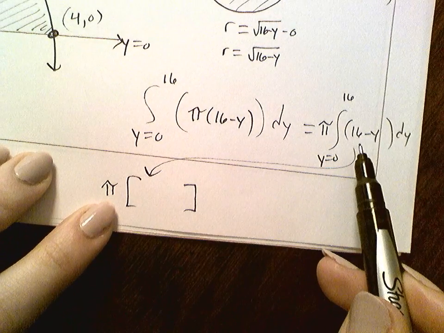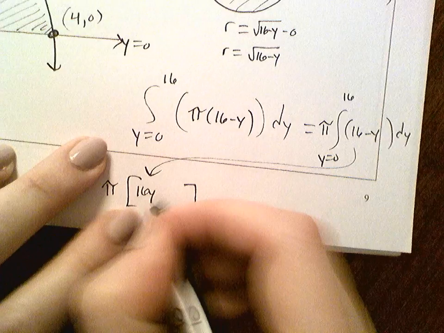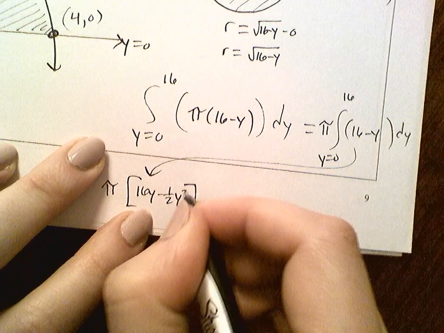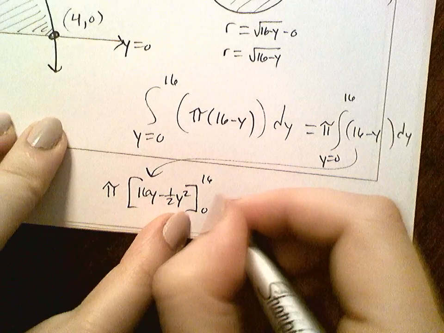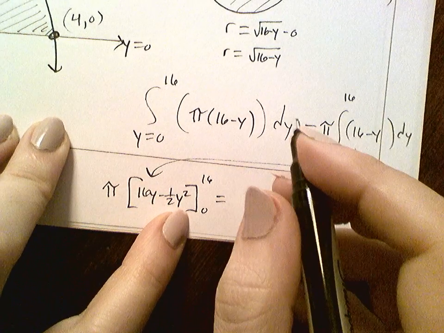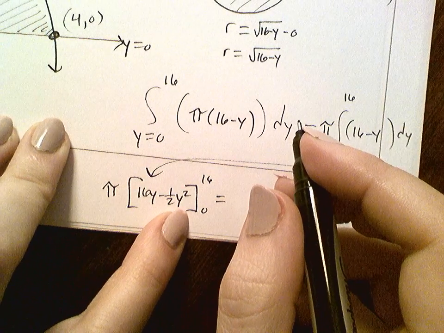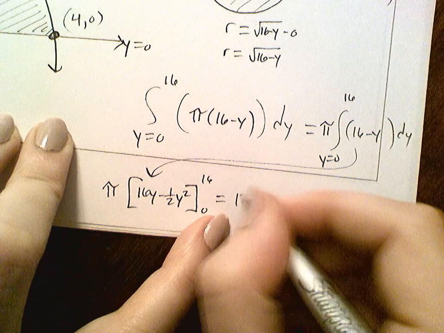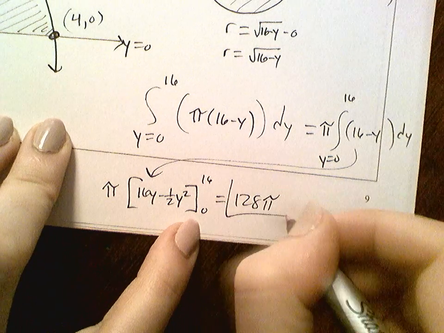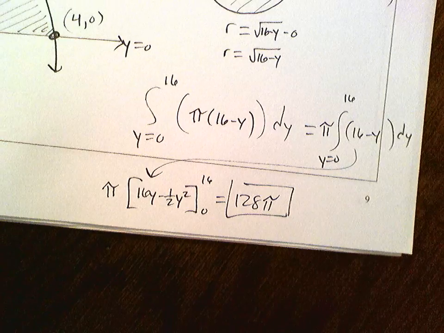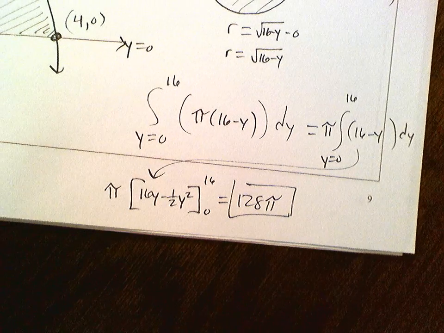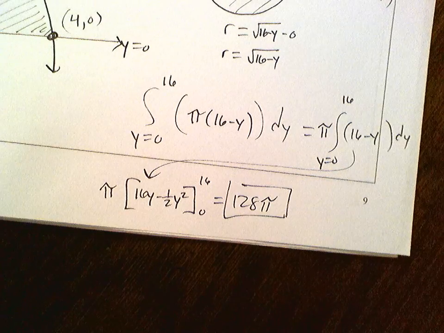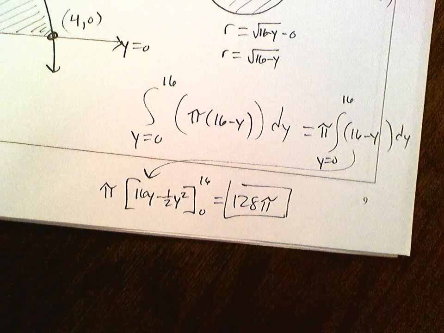The antiderivative of this is 16y minus 1/2 y squared. So this is equal to 128 pi, actually. 128 pi. And if you used your calculator, you would get a decimal, which would be an approximation of that.